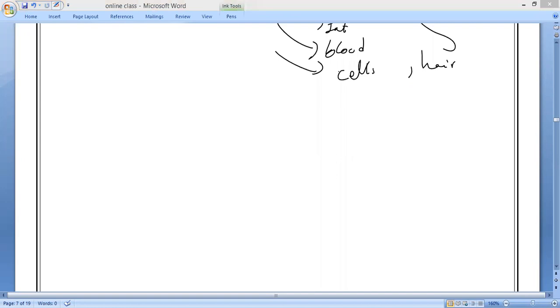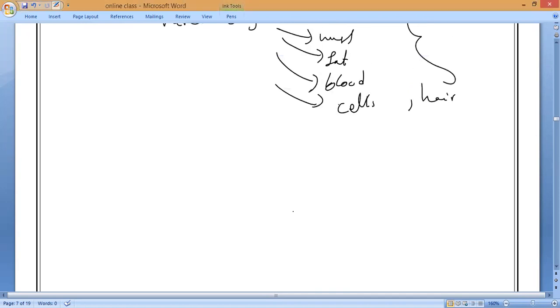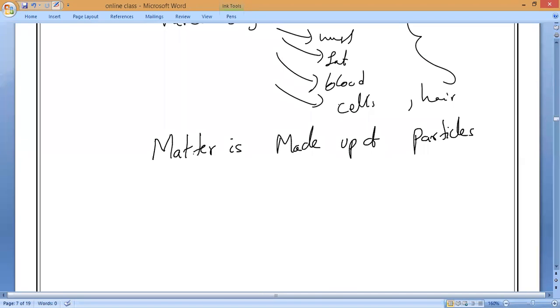Let us discuss, everybody. So please all of you write: Matter is made up of particles. Please keep the heading. Matter is made up of particles. Shall we start, guys?